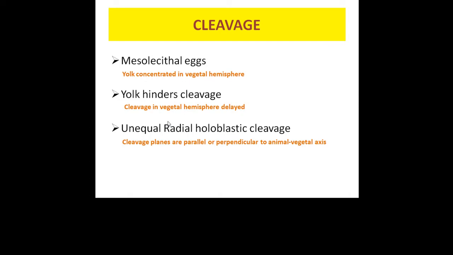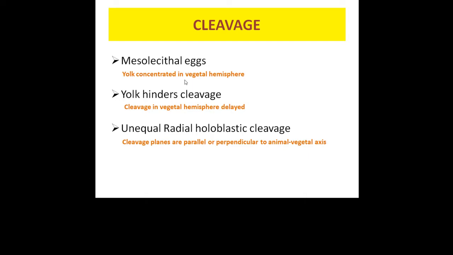The kind of cleavage depends upon the type of egg frogs have. Frogs have meso-lecithal eggs. Meso means moderate, lecithal means yolk. So they have moderate to large amount of yolk which is largely concentrated in the vegetal hemisphere. This yolk interferes in cleavage process.